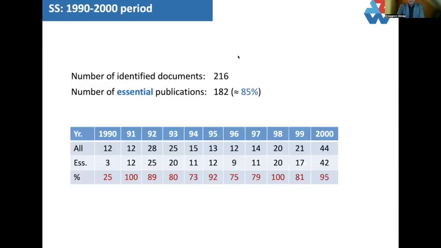Okay, can I have the next slide? So, for example, for the period from 1990 to 2000, there are many publications related to Six Sigma, and this number is rather high. But it also appeared to be even higher in the following years.